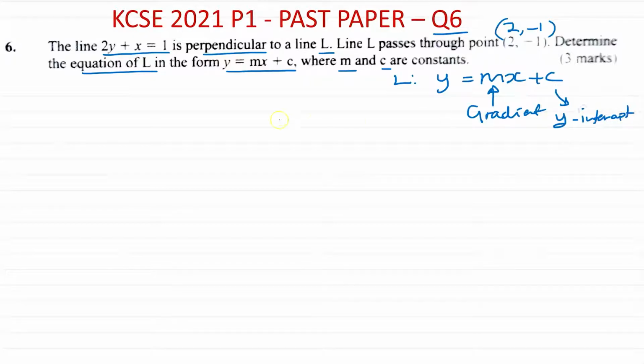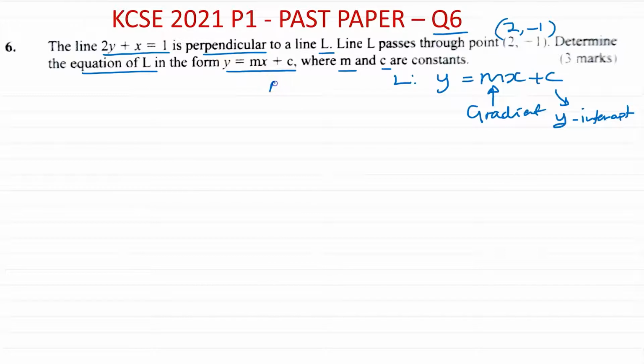Anyway, we need to know how are we going to find the gradient? How are we going to find the y-intercept? Now we have this equation of this other line which is perpendicular to L. If you remember, when two lines are perpendicular to each other, their gradients are negative reciprocals of one another.